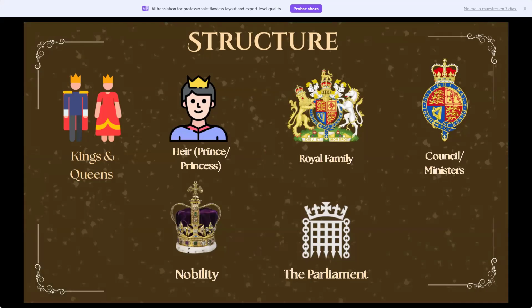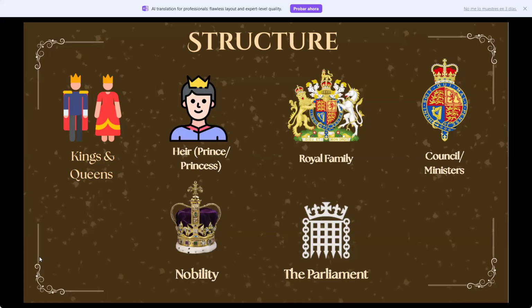Yes, Scarlett. Key figures in a monarchy are people who hold power or influence in the royal system. The king has supreme authority. The heir or princess is next in line.